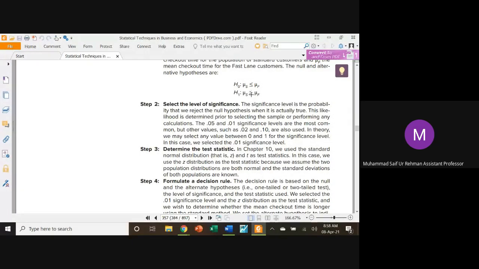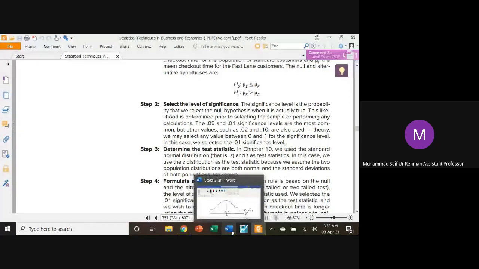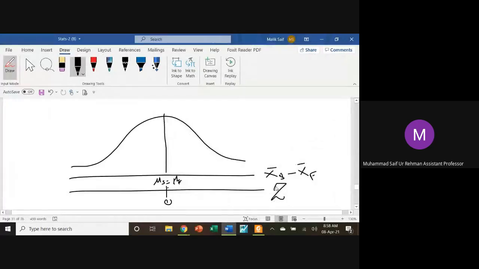So this sign is helping you that you must put the tail to the right side of the distribution, or upper. It is an upper tail. Upper tail means right tail. So this is the right tail. And as you are using 0.01 level of significance, you may say that this is equal to 0.01.